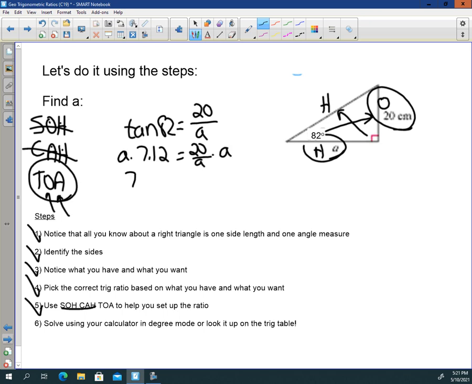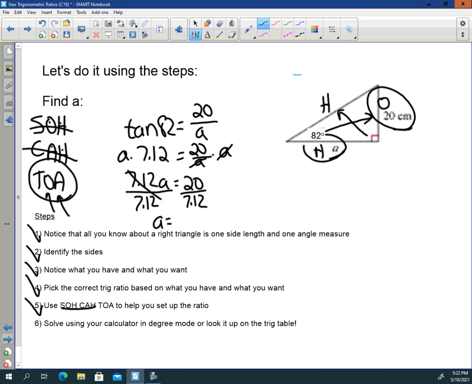And so we have 7.12A equals 20, because these guys cancel. Dividing both sides by 7.12 gives us that A equals 20 divided by 7.12 is 2.8.